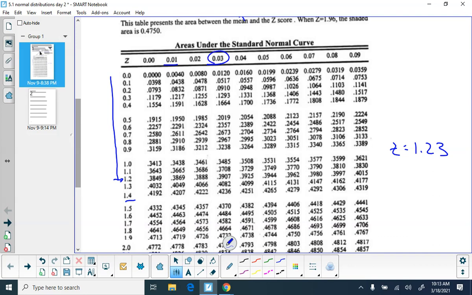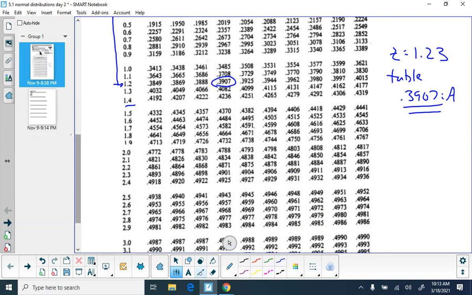So I come here and I get a table value of 0.3907, which tells us this is the area. If I do a little bell-shaped curve here, and you'll be doing a lot of these.